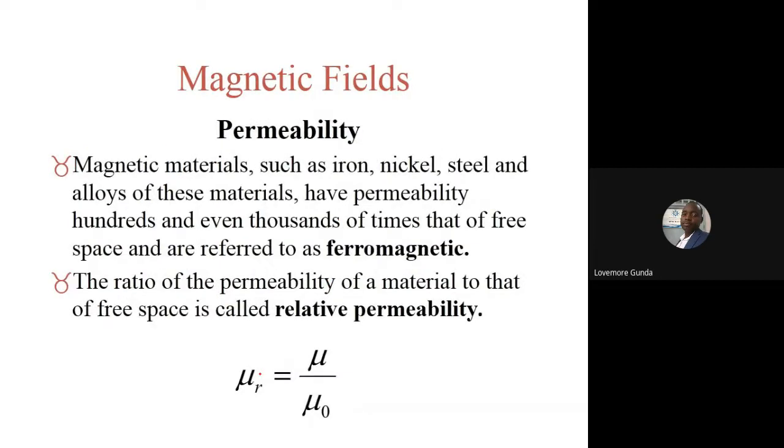Then we have materials such as iron, nickel, steel, and other alloys, which have very high permeabilities, of the order of hundreds or thousands of times that of free space. They are referred to as ferromagnetic. You hear people talking about ferrous material and the like. Usually when they talk about ferro, they're talking about iron. So those materials are ferromagnetic, very highly magnetic materials.